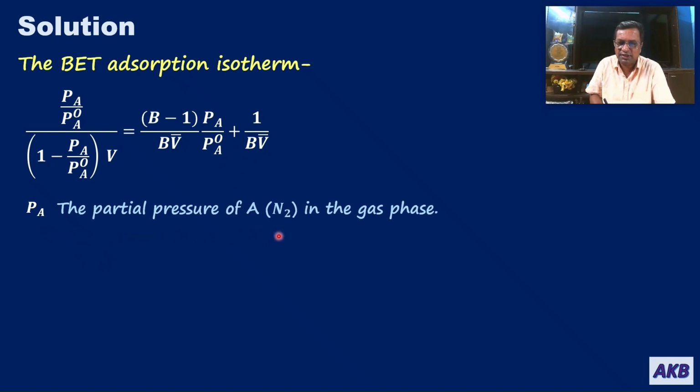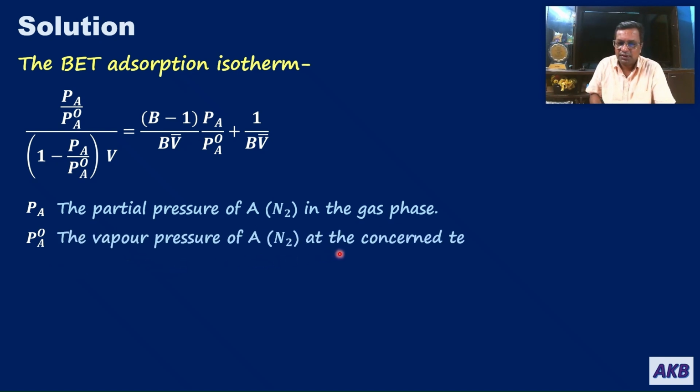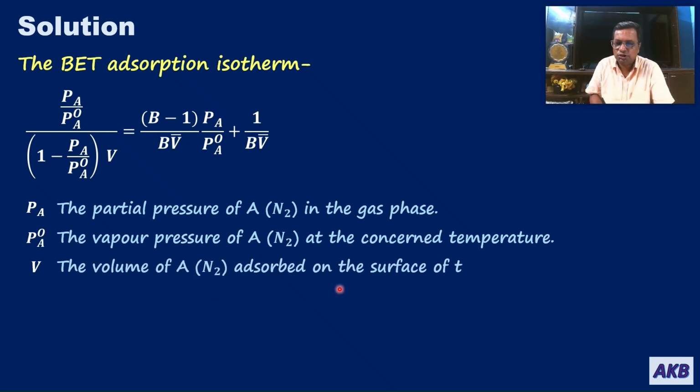In this case, A is nitrogen, and Pa is the partial pressure of A in the gas phase. Pa naught is the vapor pressure of A at the constant temperature, the vapor pressure of nitrogen, and V is the volume of A adsorbed on the surface of the adsorbent.